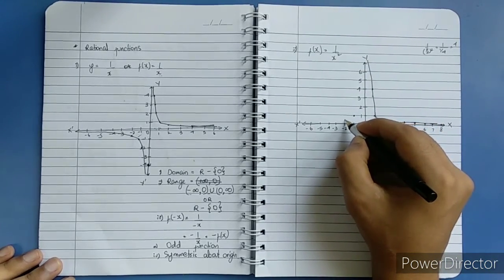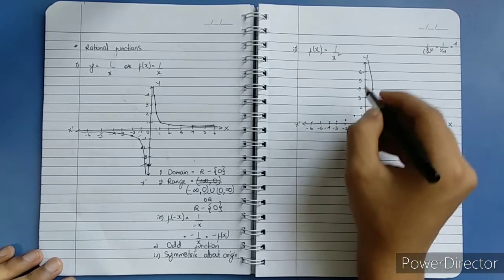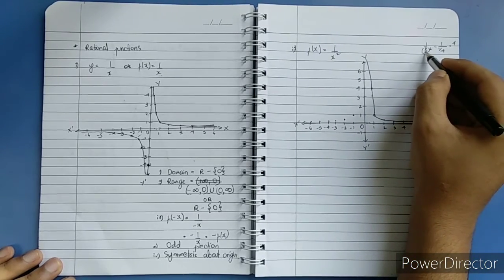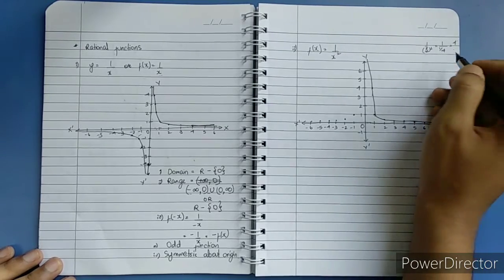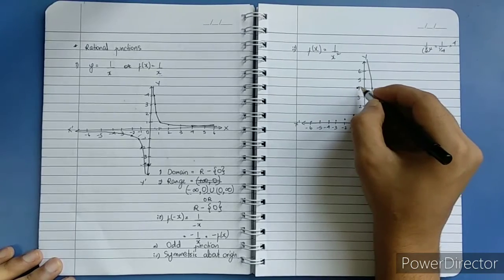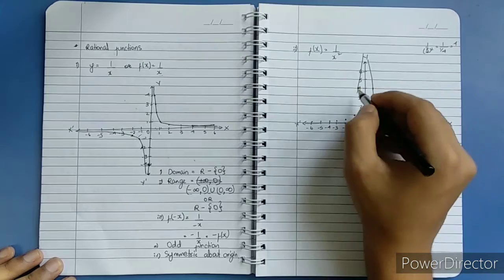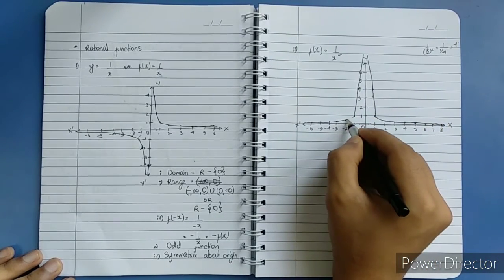So here also the values are continuously decreasing. And as we go towards 0, say 1 by -half square, -half square is also 1 by 4, so that becomes 4. If we take -1 by 3, then we get 9, so this value is again over here in this way.